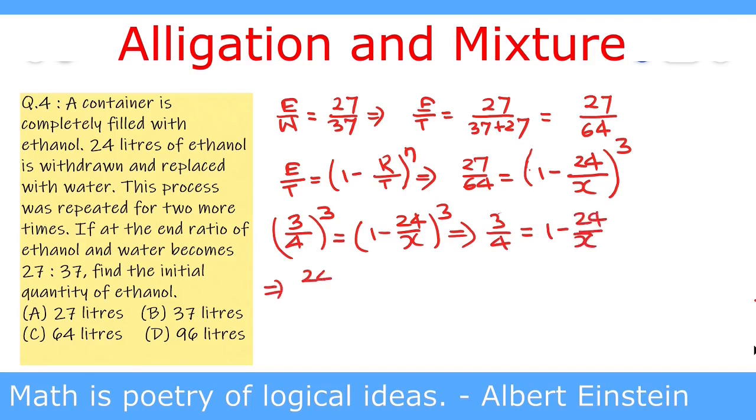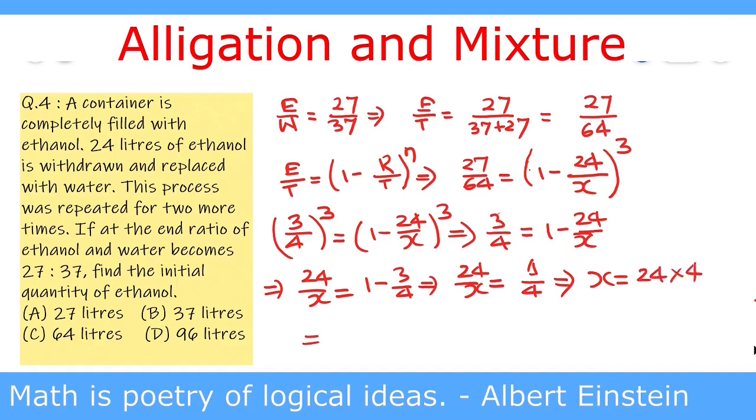Here 24 upon x equals 1 minus 3 upon 4, which is 1 upon 4. This gives x equal to 24 multiplied by 4, which is 96. Thus x equals 96 liters. From the options we see that 96 is option D. So our answer is option D.